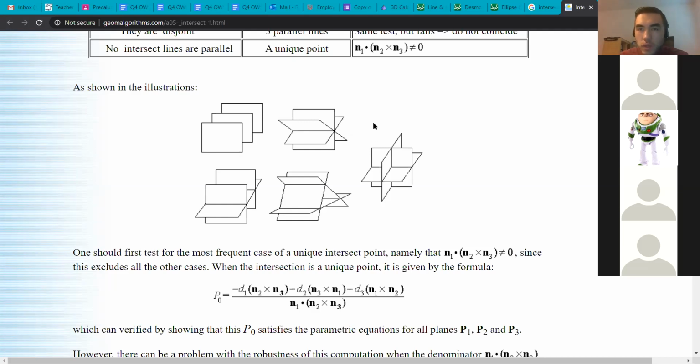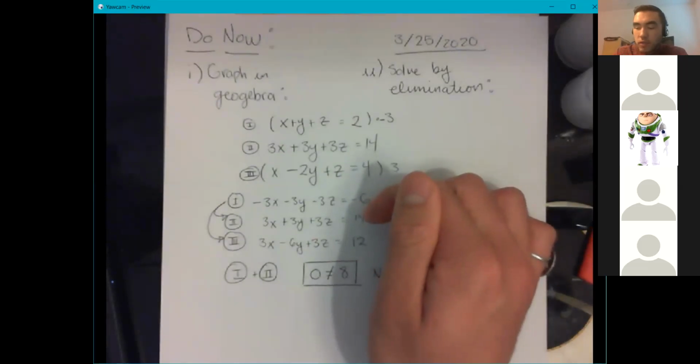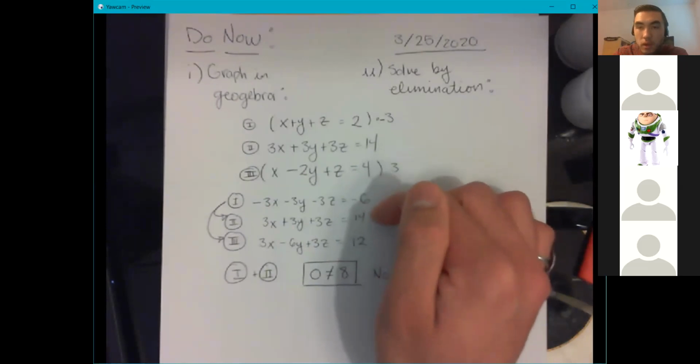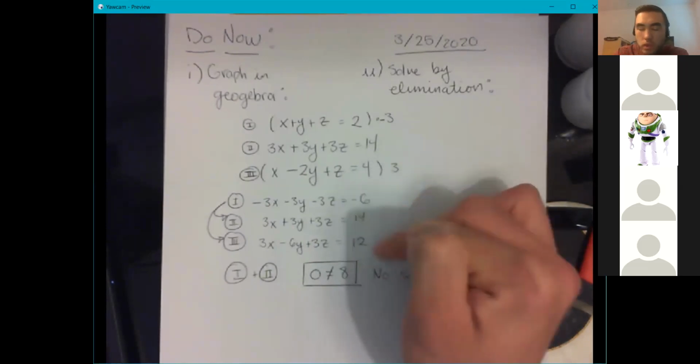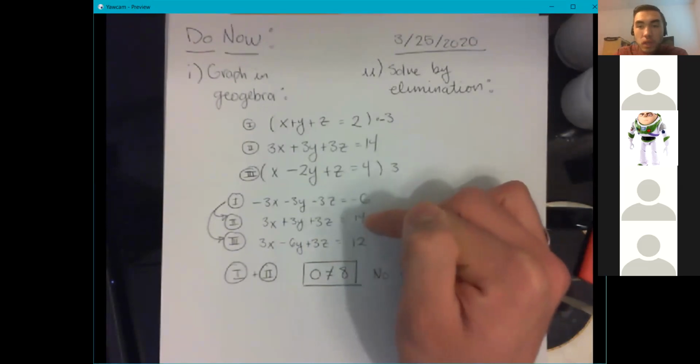You know that you're working with that kind of system because instead of getting what we got in the warm-up, where it said 0 equals 8, which is a nonsense statement, what you would find is that 2 of the equations cancel out and give you back just a linear equation. So you would eliminate these 2 and you would just get back an equation. Eliminating 1 with 3 would give back the exact same equation, right? And then if you were to take those 2 problems and solve them against each other, you would get 0 equals 0.